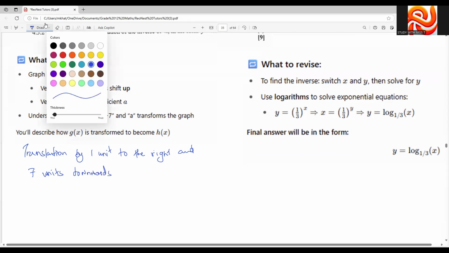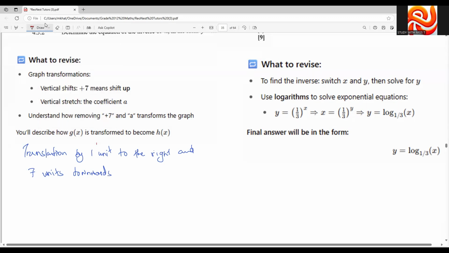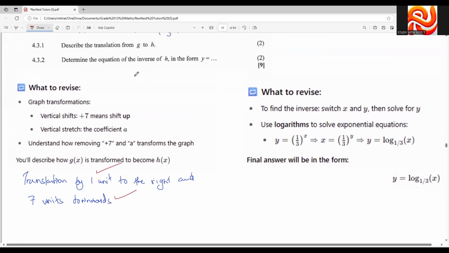Okay, so how will you be marked for this? You'll be marked for mentioning 1 unit to the right and 7 units down. So remember, when we are shifting from left to right, we are shifting the x-axis, and up and down is the y-axis.